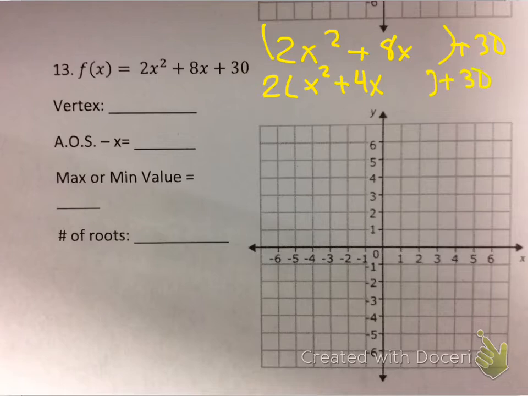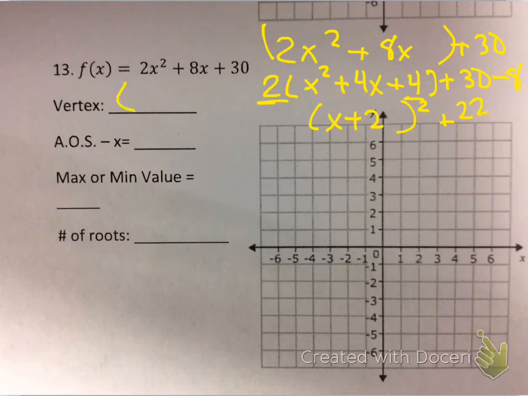So if I divide by 2, I get (x plus 2) squared plus 4, because 2 squared is 4. 2 times 4 is 8, so I got a negative 8 out here because I'm supposed to multiply this number times this number and put that there, and again, that's a minus. 30 minus 8 is positive 22.